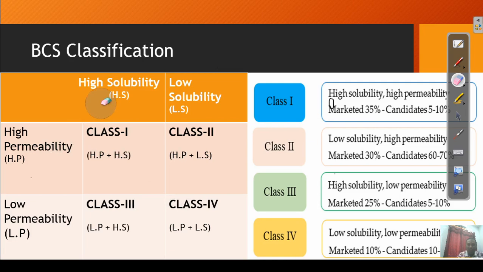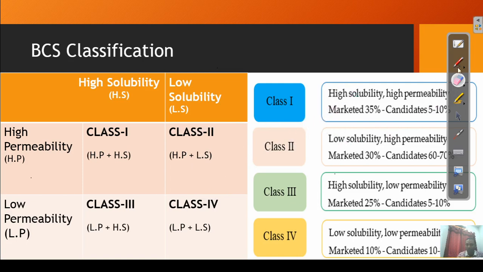These drugs can be classified into 4 categories: class 1, class 2, class 3, class 4. You can see from this table that class 2 and class 4 drugs have low solubility. So whenever we conduct pre-formulation studies of these low solubility drugs, we have to improve their solubility.